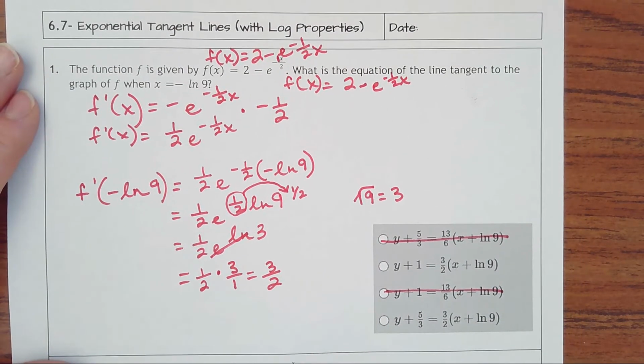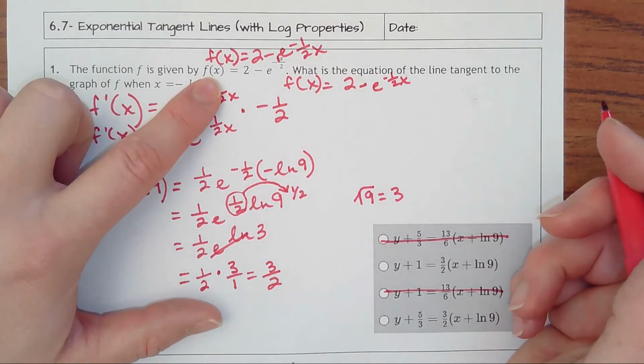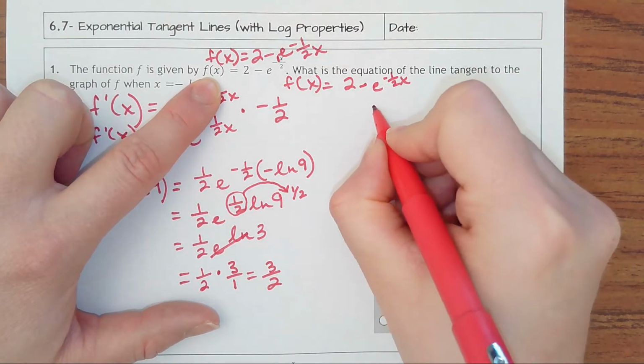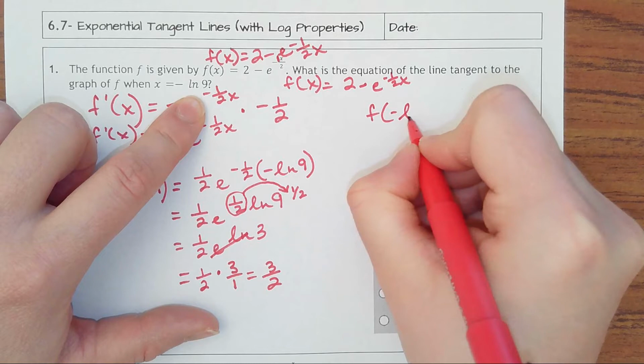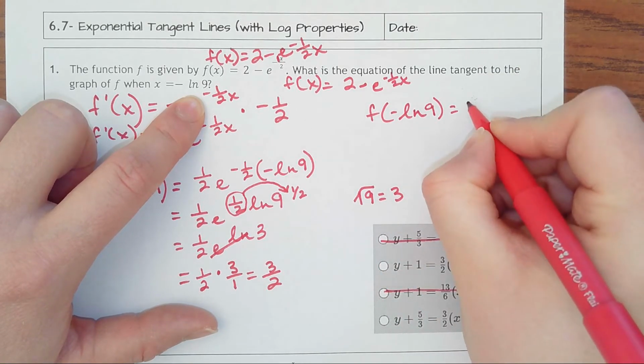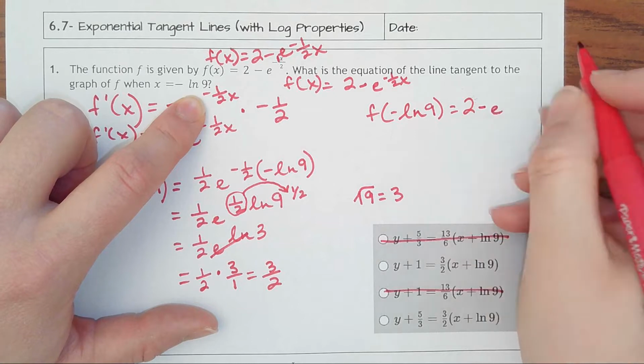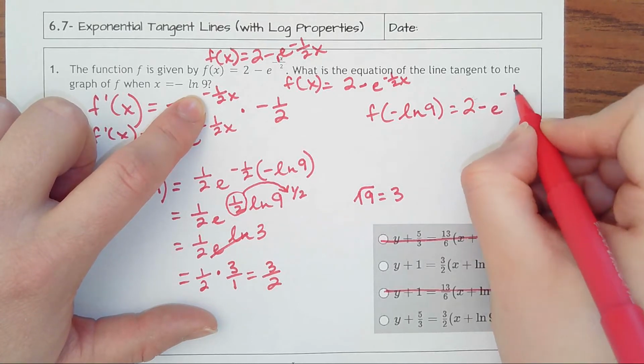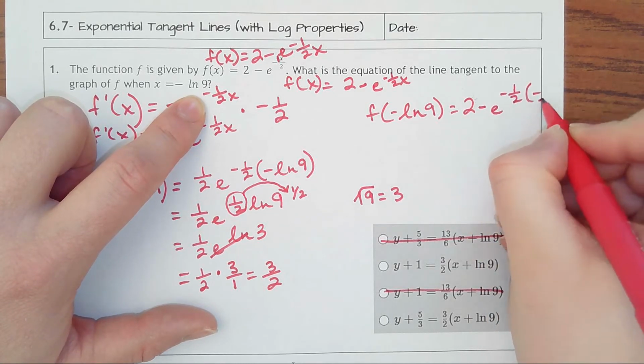Now I need to find what the y value is when I plug it into this. So I'll have f of negative natural log of 9 is 2 minus e. Again, it's -1/2 times negative natural log of 9.